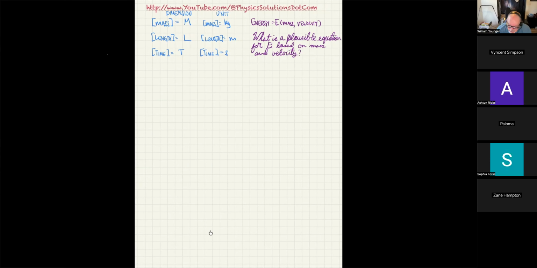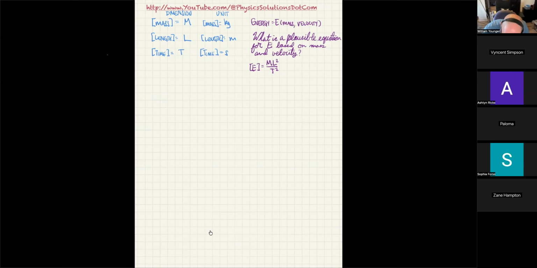In order to do this, I have to tell you that the dimensions for energy are M L squared over T squared. That's the dimensions. If I wanted to do it in units, I would use kilograms meters squared per second squared, but I'm going to do dimensional analysis here.